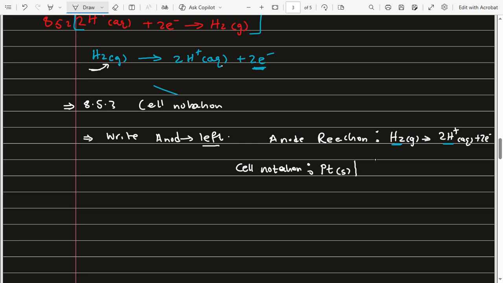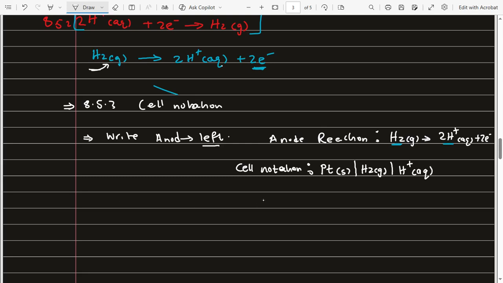So this will be the H2, which is in gas state. Then you write another vertical line, and then you put the H plus. Please, when you put the H plus, don't include the number in front of that H. So this will be aq. Right.